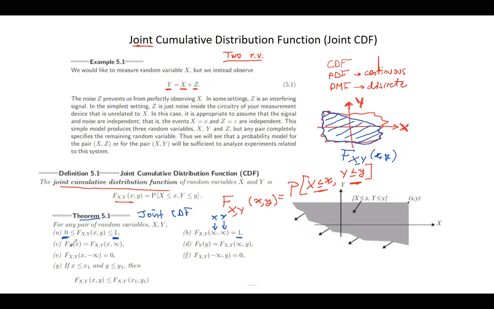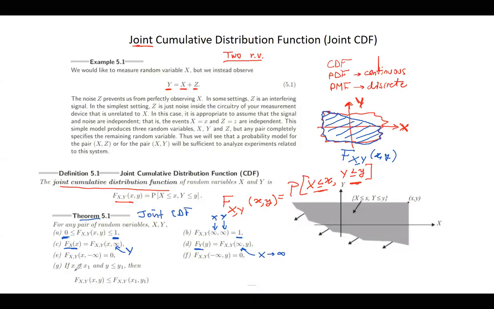And we can define the CDF of X by taking y to infinity. And we can define the CDF of Y by taking x to infinity. So simply we can derive the CDF of X and Y from the joint CDF of XY.